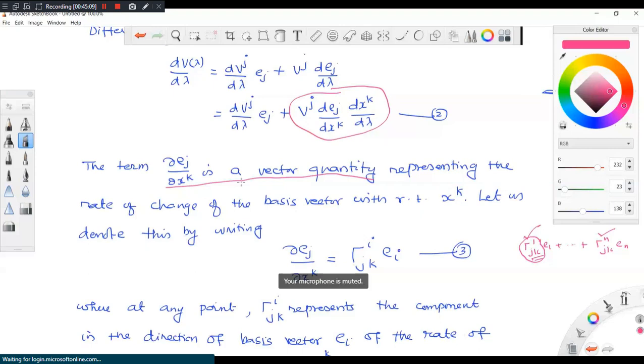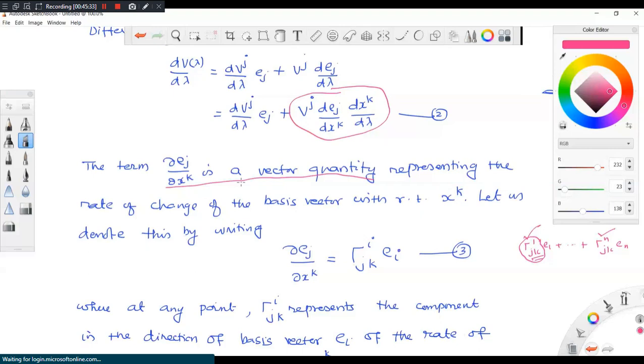Usually you write a vector r bar is equal to xi plus yj plus zk. These are all unit vectors. And x is the component in the i direction, y in the j direction, z in the k direction.